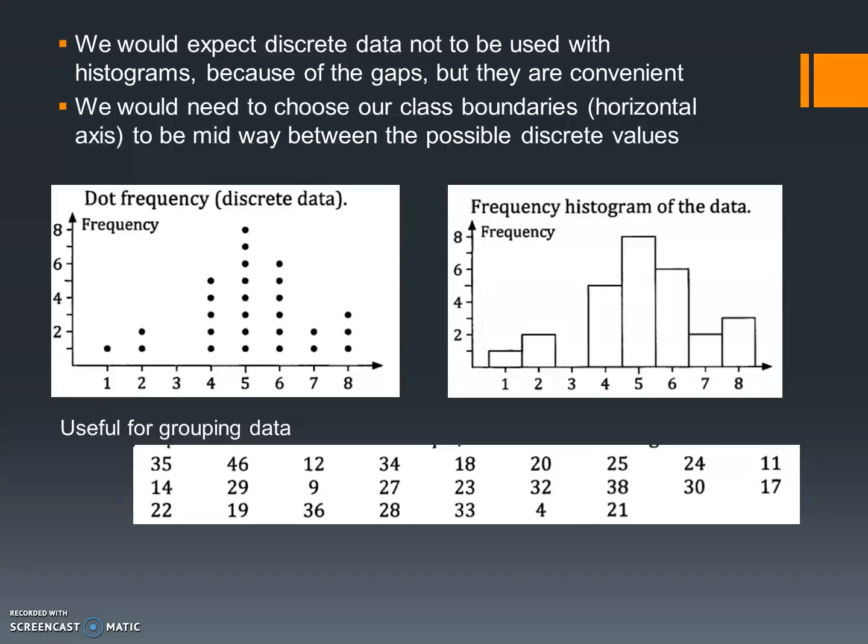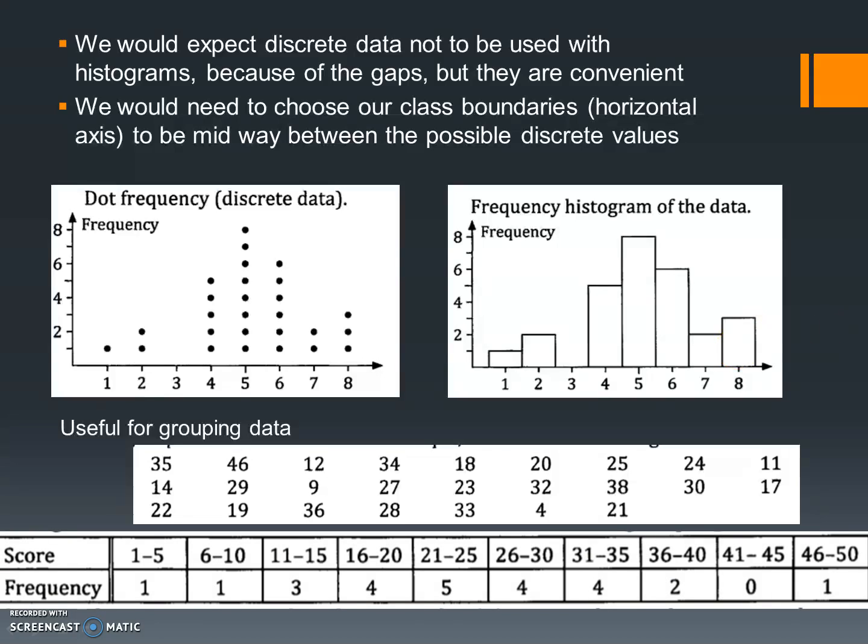So in this case, the data may be better presented grouped using intervals. For example, we could have 1 to 5, then 6 to 10, 11 to 15, so they'd be in groups of 5. And we could display the data this way.